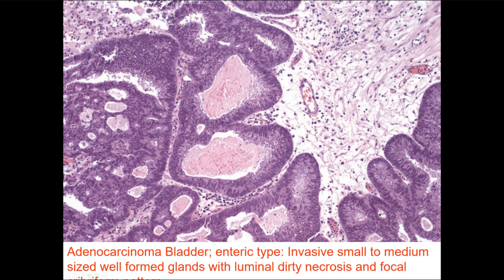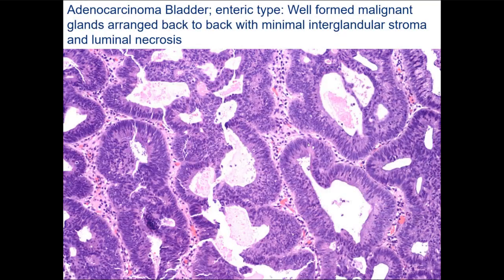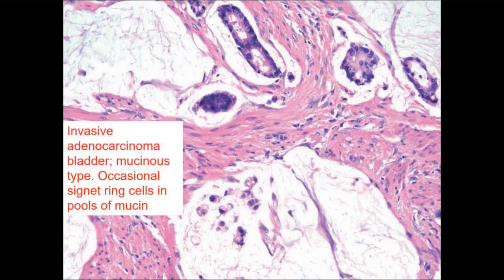This is an example of a primary bladder adenocarcinoma, enteric type. They can look like colon cancer, with well-formed, malignant glands back to back. They can have a mucinous background. They can have signet-ring cells, like you can see here in this photomicrograph, in the pools of mucin.